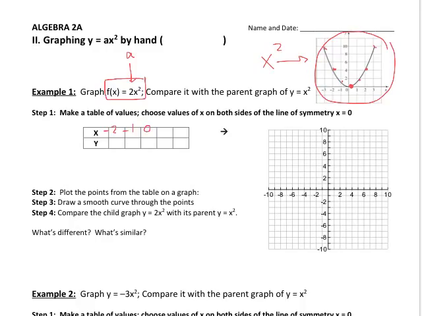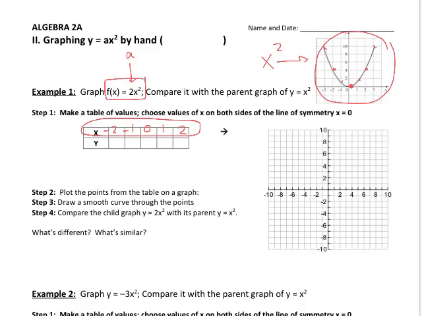We want to pick 0, and then we want to pick a couple of points on the right of 0, or the right of the origin. So that's where you always want to start with your x's. Always pick a couple negatives, 0, and then a couple positives. Sometimes you can spread them out just to see the difference, but I think this is a good set that we can always count on to start our table of values.